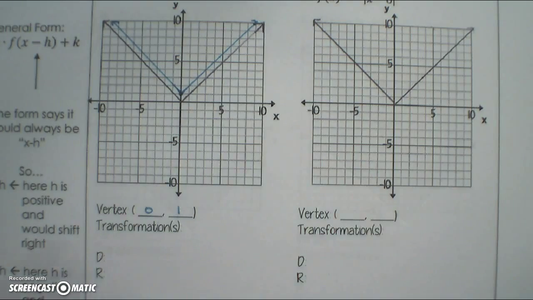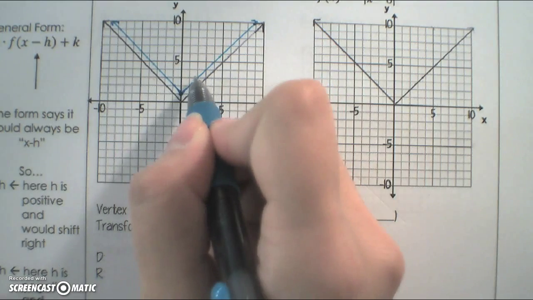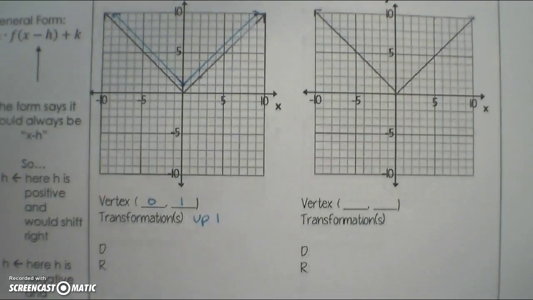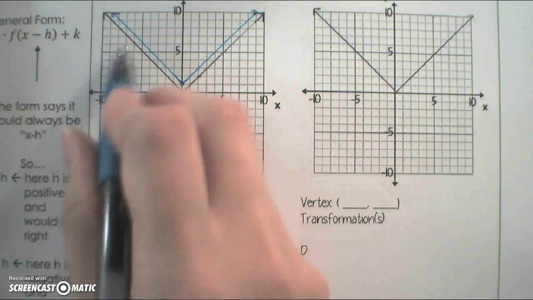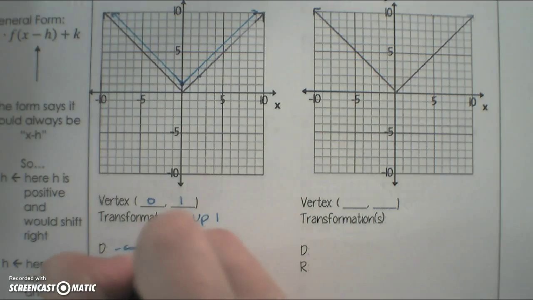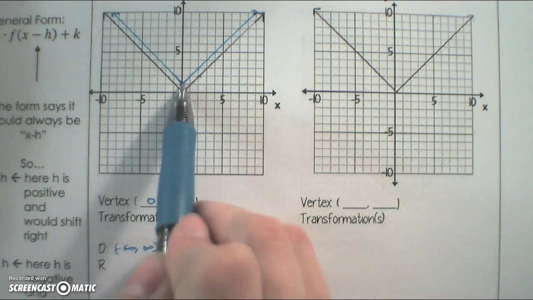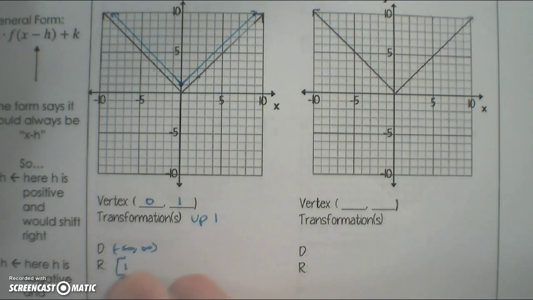So you can see my original parent function and now the transformed function. What happened? Well, it moved up 1. What was the domain and the range? Well, from left to right, it's going on forever. So -infinity to infinity. And then from the bottom to the top, we're starting at 1, and we're going to infinity.